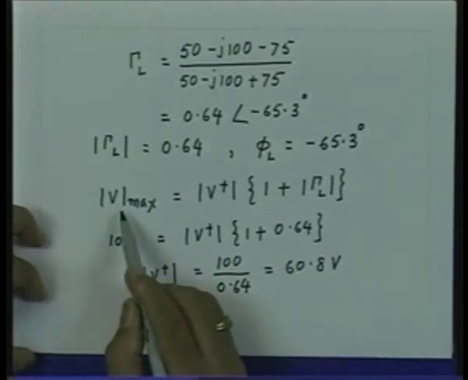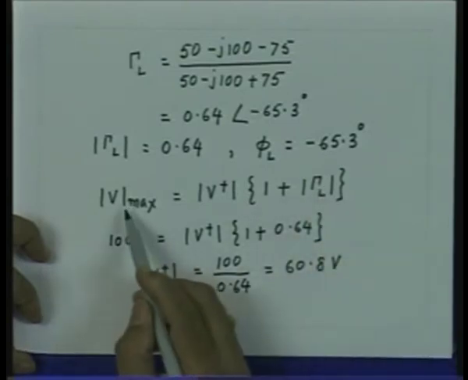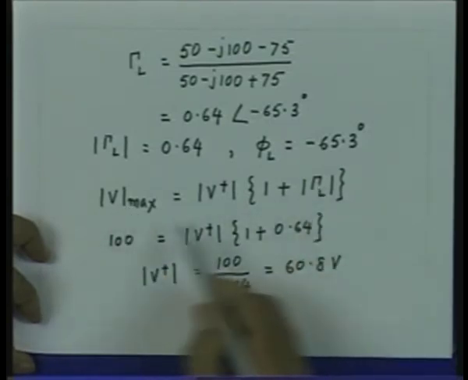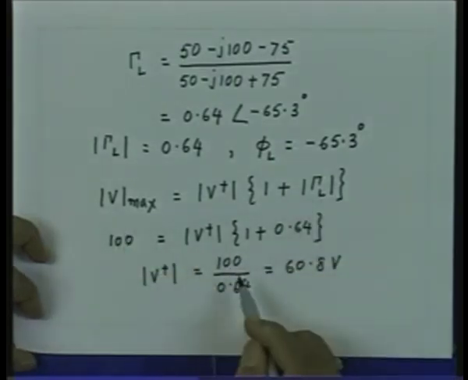Since we know the magnitude of the reflection coefficient, we could calculate V max, and we can calculate I max also, because once you know the V plus quantity, we can calculate I max.